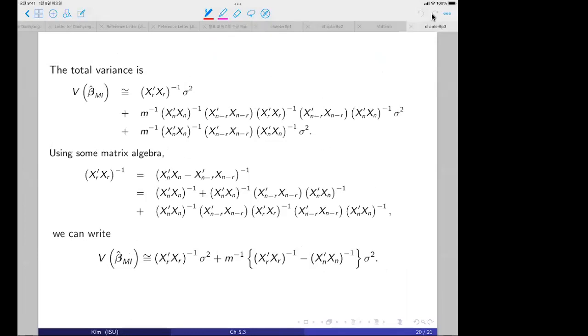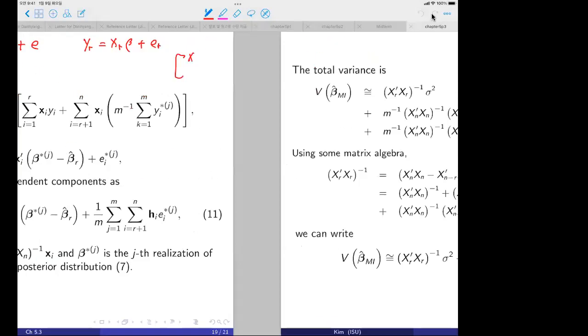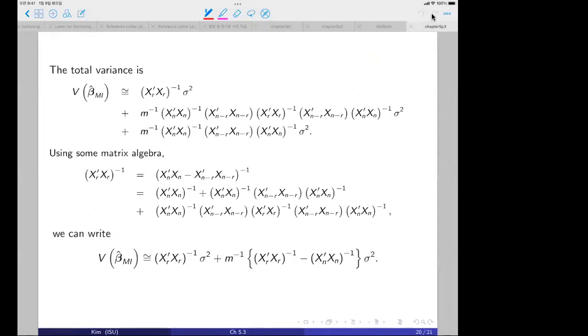It doesn't really look nice, but this h itself is something like this, and then you have h over the missing part. At the end of the day you get something like this, and you can work out some matrix algebra to eventually show that this is what you get.